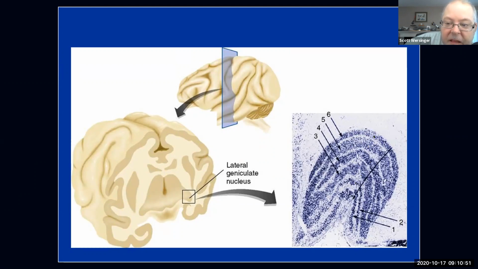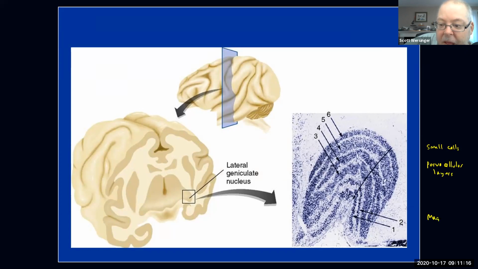If you look closely here, those are small cells. Okay, so the outer layers here are going to be the parvocellular layers. Down here, if you look at what's labeled number 1 and 2, these cells are larger.